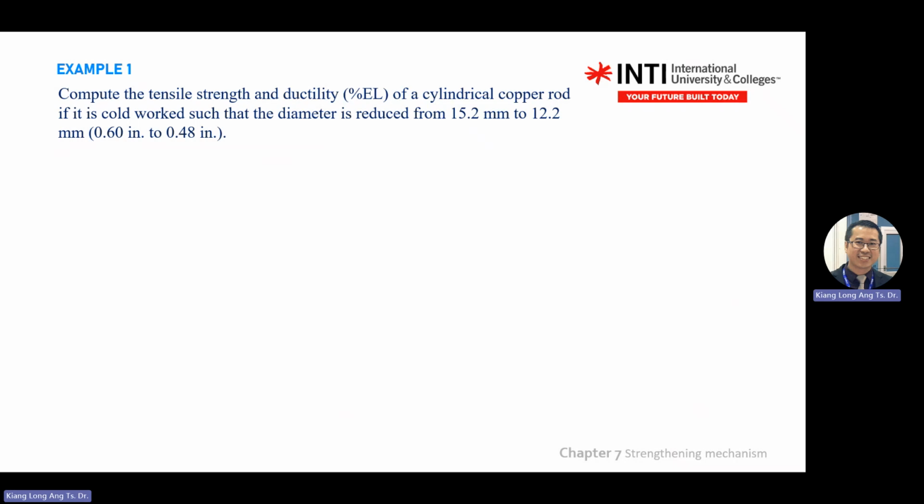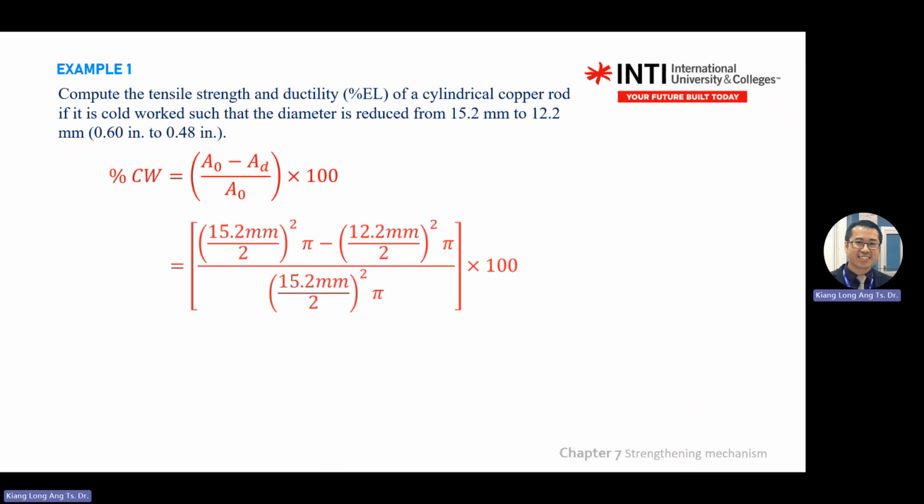Okay. So you have the percentage already. So you compute the tensile strength and ductility of the cylinder for a copper rod. This is a copper rod. They give you the diameter. You need to show this one.